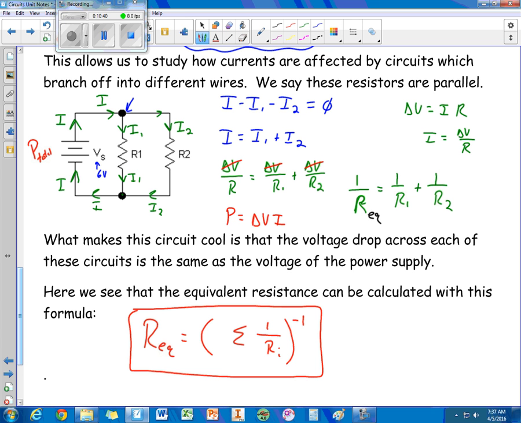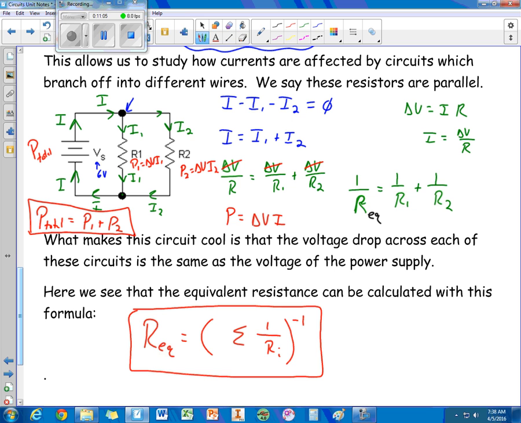So here I'd have power 1, which would equal delta V times I1. And here I'd have power 2, which equals delta V times I2. And because of that, the total power, once again, equals the sum of those powers.